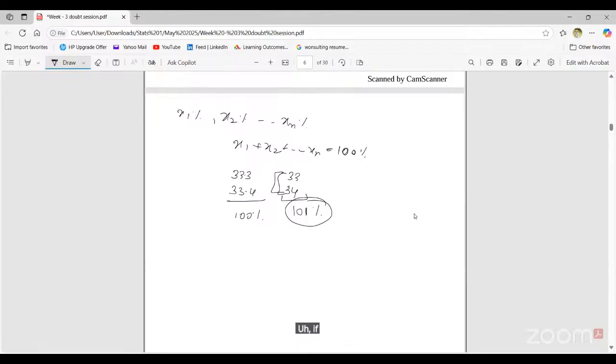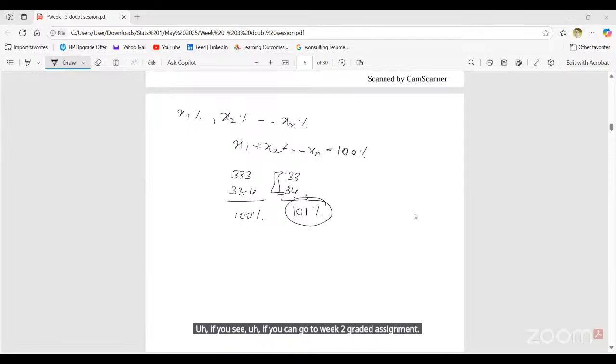If you go to the week 2 graded assignment, question number 3, the pie chart has round-off errors. Basically, yes, you can say that these values are rounded off.